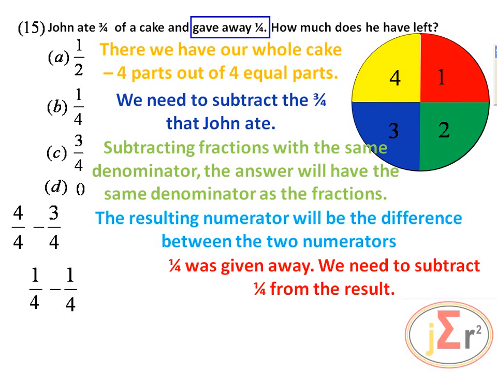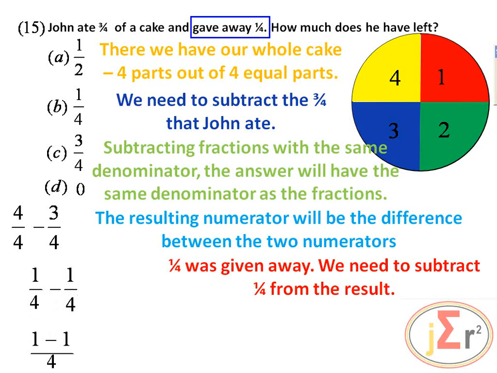Any number subtract the same number, the result is 0. But we will do our subtraction nonetheless. The answer will have the same denominator as those two fractions. Each of them has a denominator of 4. So the denominator of the result will be 4. And the numerator will be obtained by subtracting the numerators.